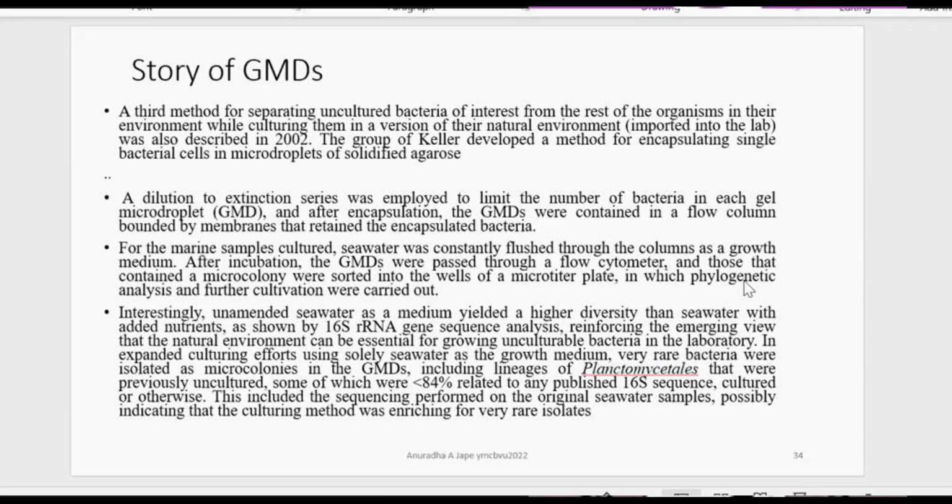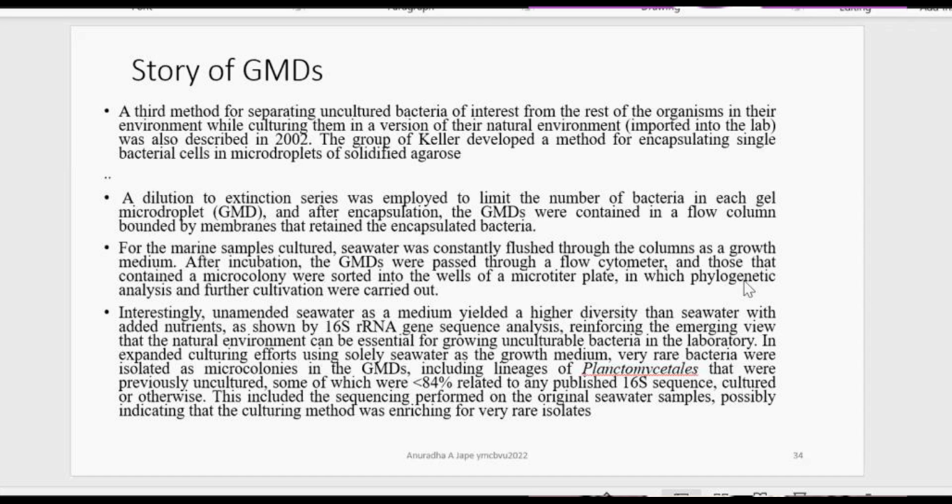So, to connect with the previous lecture, we were talking about various approaches to cultivate unculturable bacteria, right? Considering their importance in nature, in the ecosystem, and sometimes these are the unexplored treasure that would provide us with some novel drug molecules or industrially important components. So we need to tap this diversity.